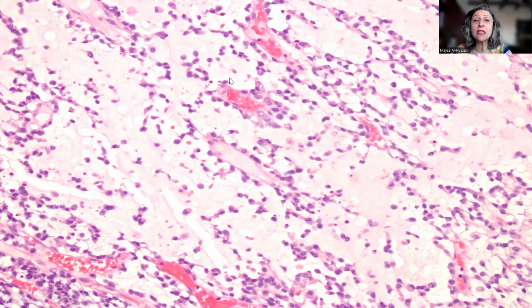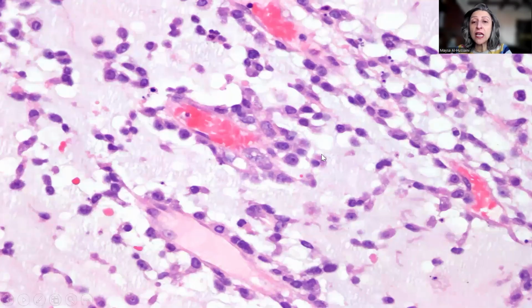But definitely, in addition to the myxoidish background, we have this acidophilic cytoplasm. In a way, it was reminiscent of a rhabdoid tumor. This is because of luteinization. So remember, with luteinization, you have vesicular nucleus, you have prominent nucleolus, and you have some acidophilic cytoplasm.